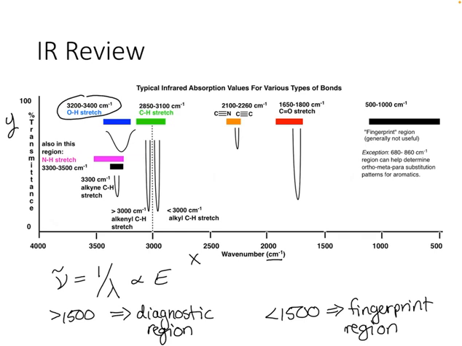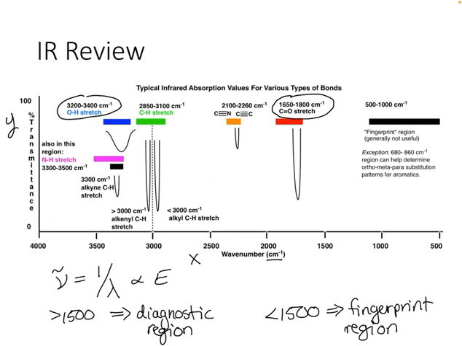Now that might be, for instance, a carboxylic acid, but if we had a carboxylic acid, we would also see a stretch somewhere from 1650 to 1800 inverse centimeters. Now that can also apply to ketones and aldehydes and esters. So there are a lot of other functional groups that can apply as well.